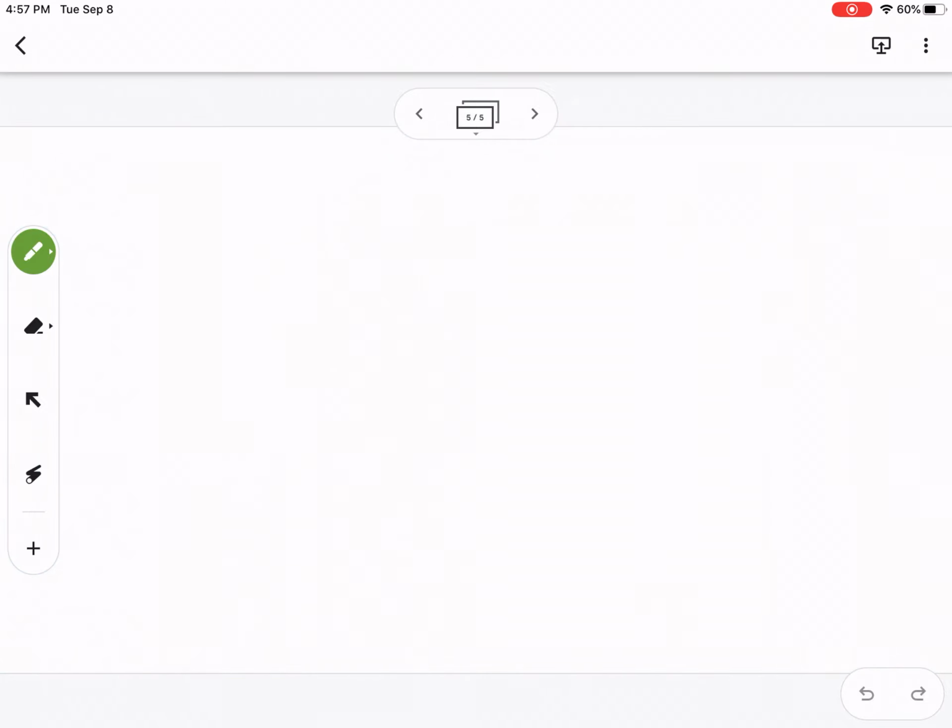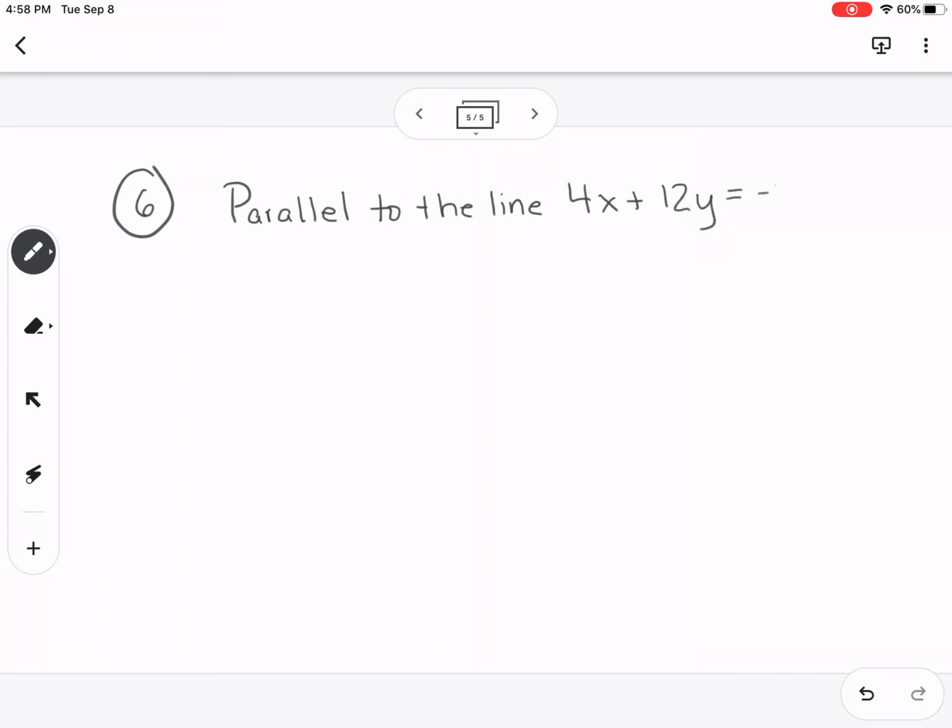Okay, number 6. Parallel and perpendicular. We might say write the equation of a line that is parallel to the line 4x plus 12y equals negative 24 and passes through (9, -8), right?